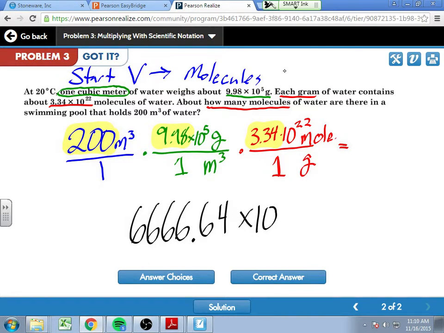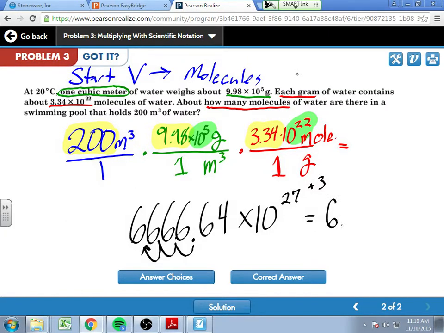Times 10. Now we have to figure out our 10 power. 10 to the 5th, 10 to the 22nd, so 10 to the 27th. But now if I want to write this in scientific notation, I can move my decimal 3 places left, which increases that by 3.